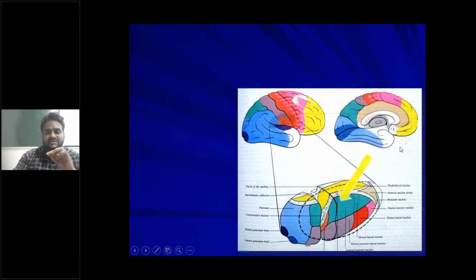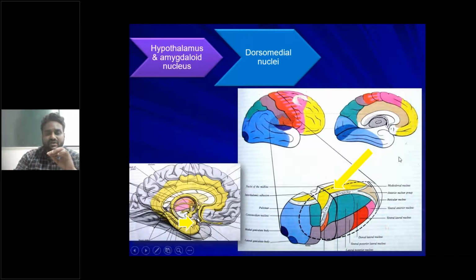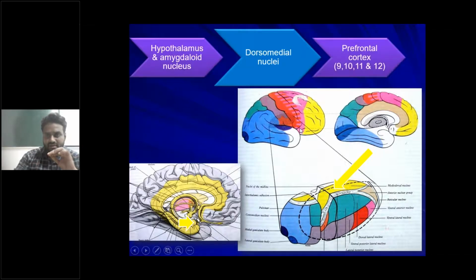And the second nucleus is the dorsomedial nucleus. Input fibers are efferent fibers from the hypothalamus and amygdaloid body. Then output fibers to the medial frontal cortex. The function of this nucleus is the mood of the person or individual.